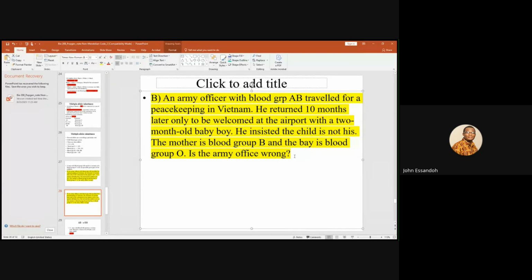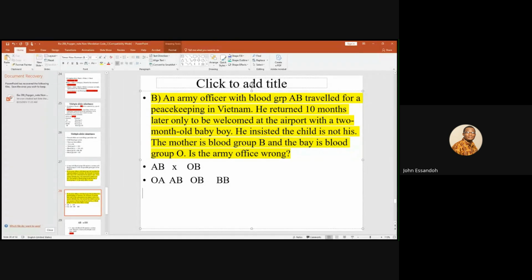So let's see. You are the geneticist they've invited on board to come and help solve the problem. The man has blood group AB. Okay, and then the woman has blood group B. The B could be OB. If it's OB like that, the child could be OA, that is A, and then AB, OB, and BB.